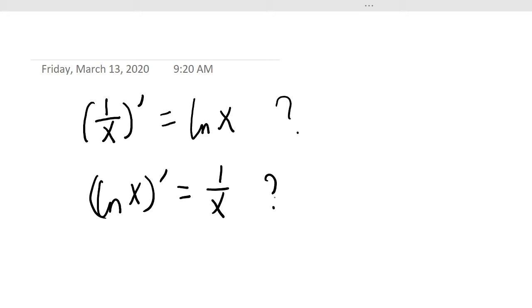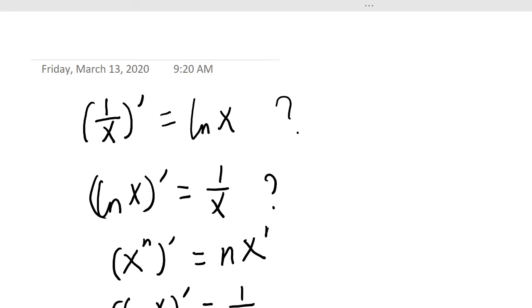Something very important to show us is that we should remember our power rule formula, right? When we do the derivative of x to the nth power, we give n in front, exponent minus 1.